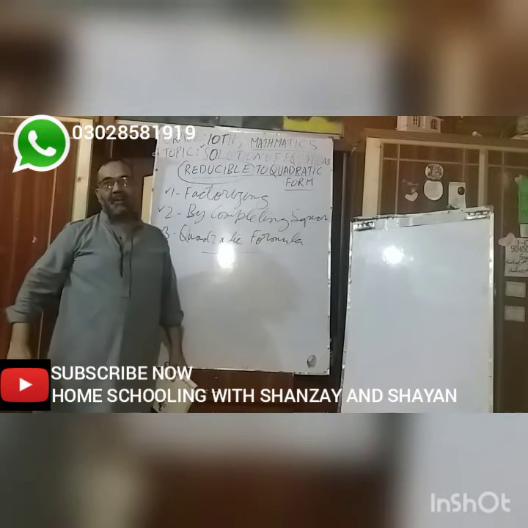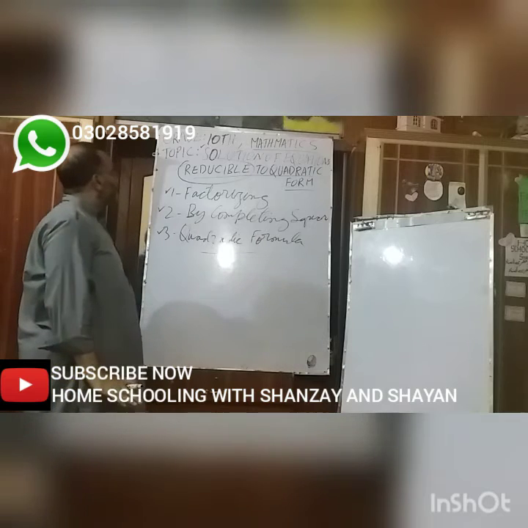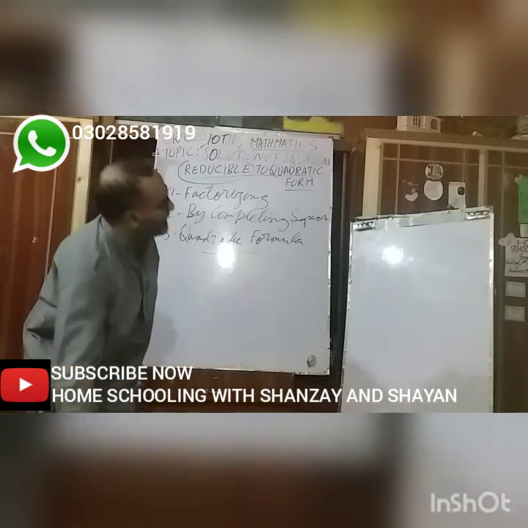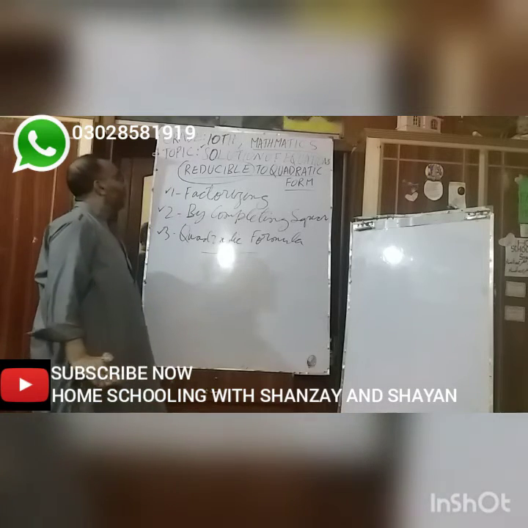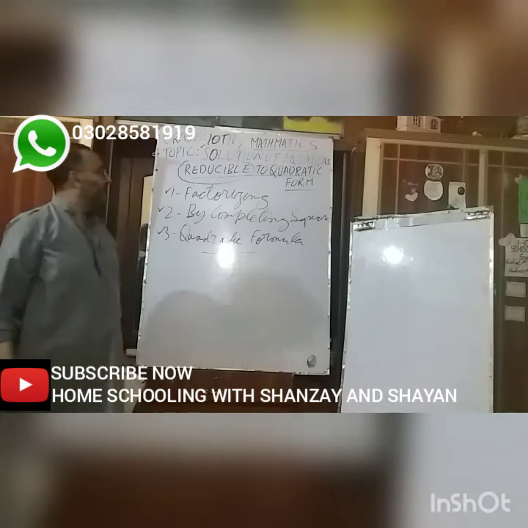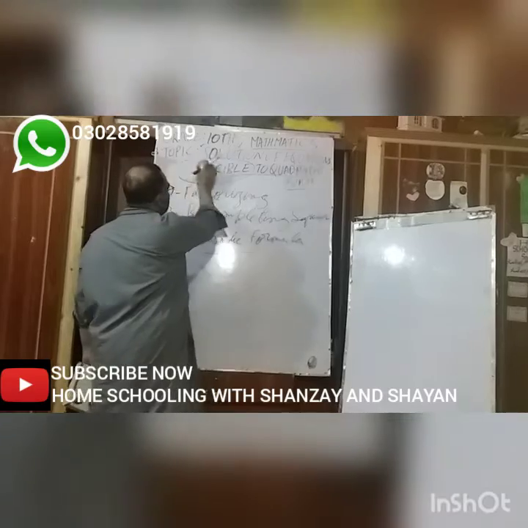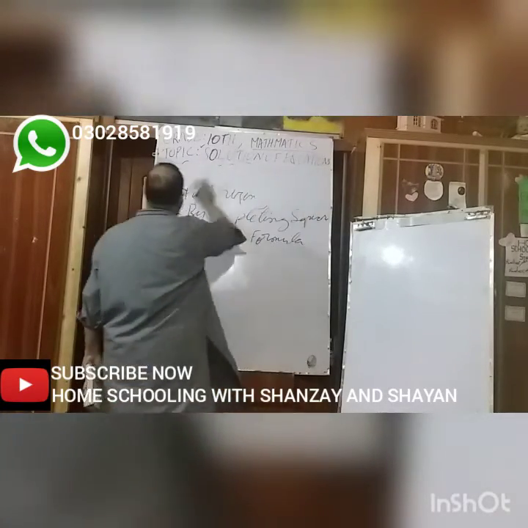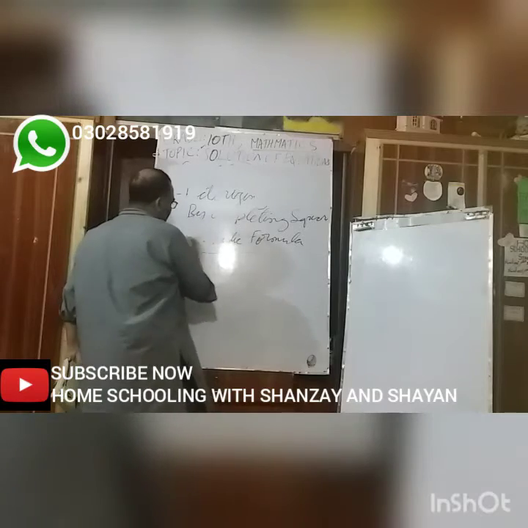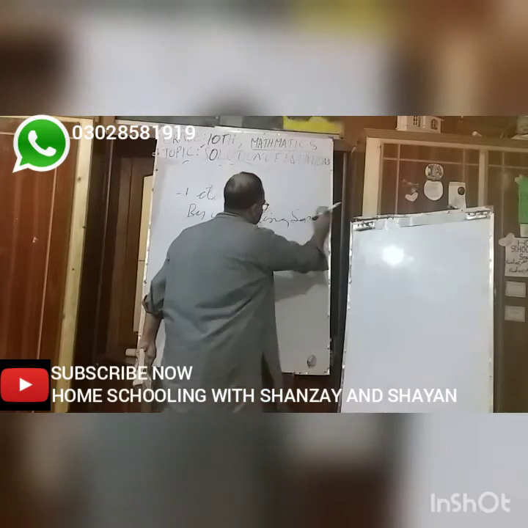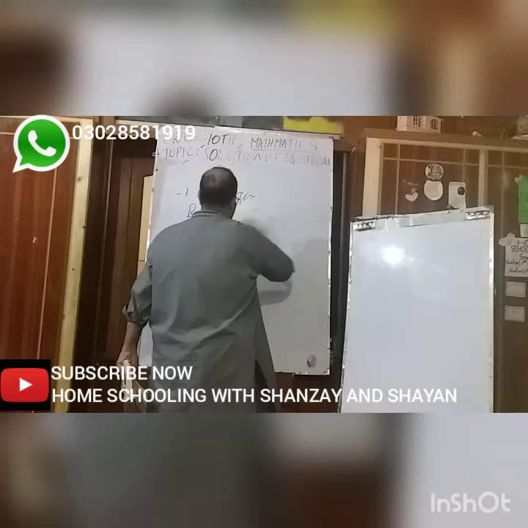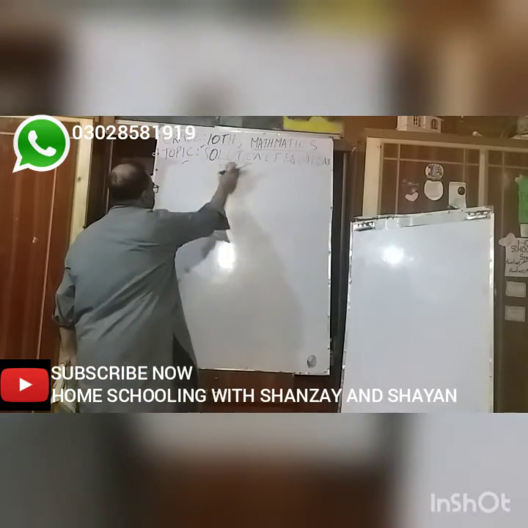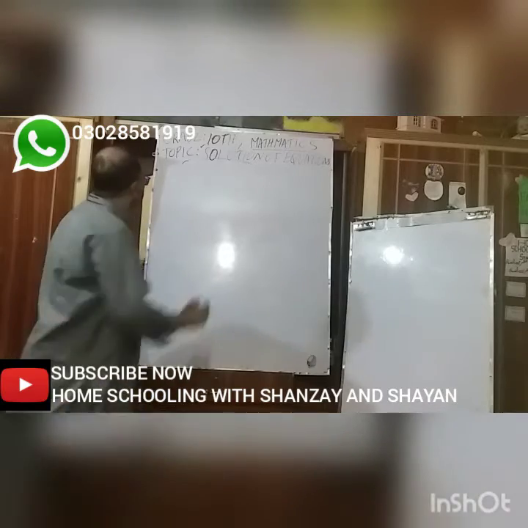So there are 5 types in which we can solve the quadratic form reducible. So today we will discuss the first form and then we will solve it and check it. Type 1.